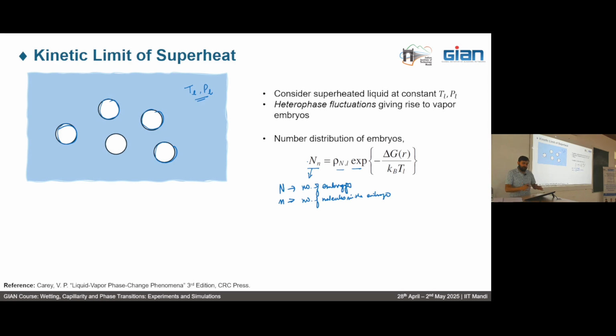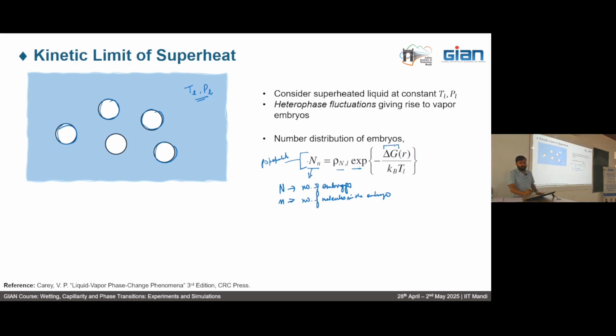It simply defines the particular population. Rho Nl is the density of number of embryos in the liquid, times exponential of minus delta G by Kb TL. Here delta G is negative.